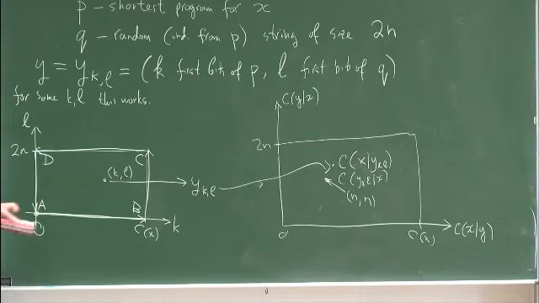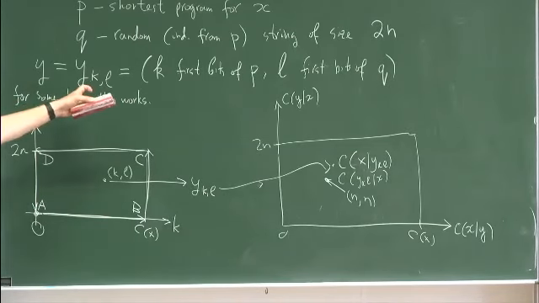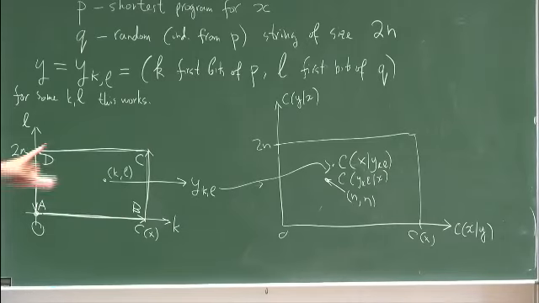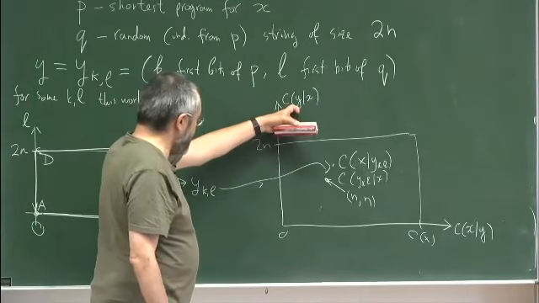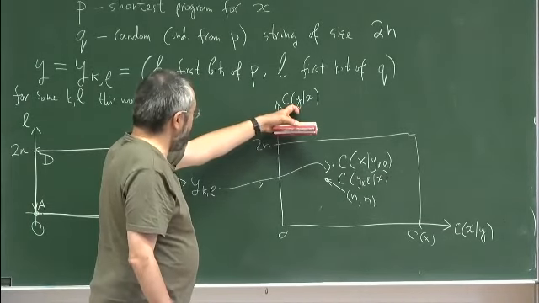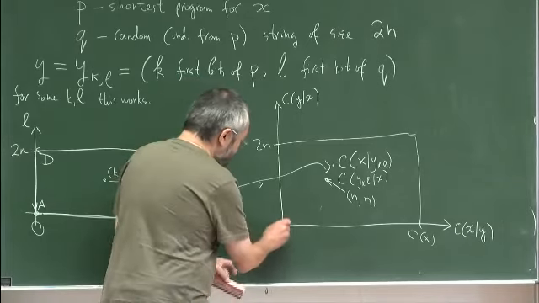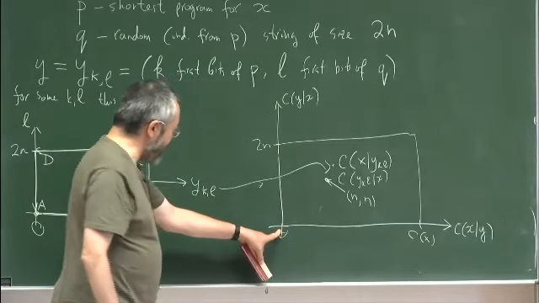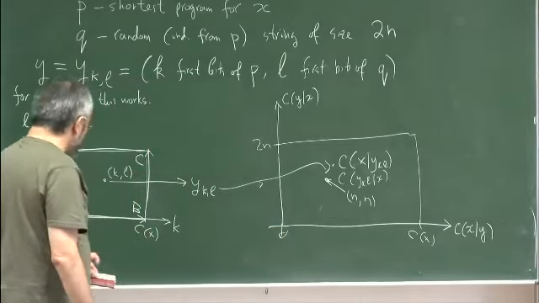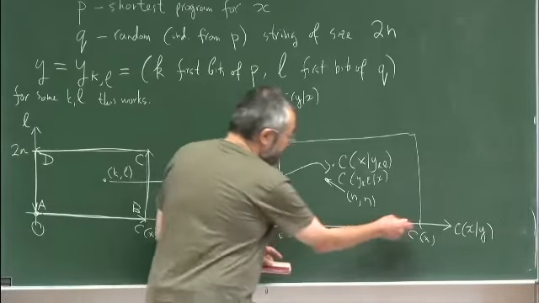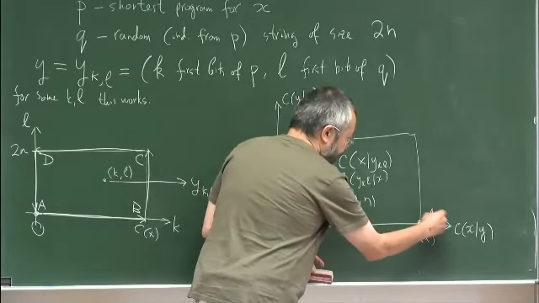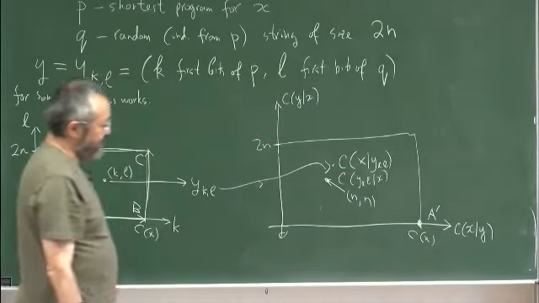A means that K and L are 0, so Y is empty, no information. So the complexity of Y is 0, and we are on this line, and the complexity of X given Y is just the complexity of X. So the image of A is here, for trivial reasons.